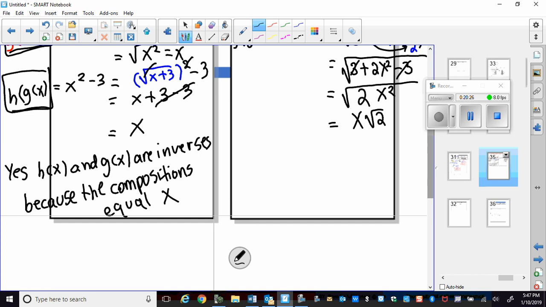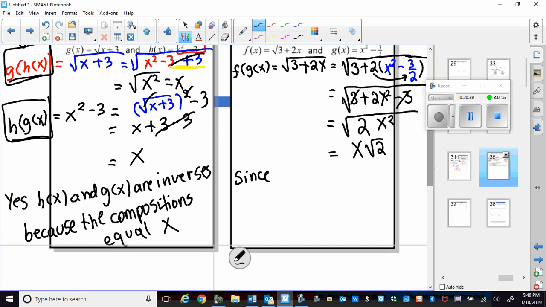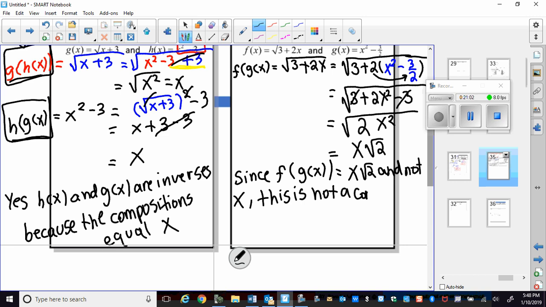So it's very important that you know how to do this to save yourself some time and trouble. Since f of g of x equals x square root of 2 and not x, these are not inverses.